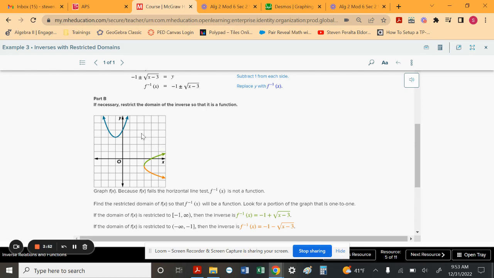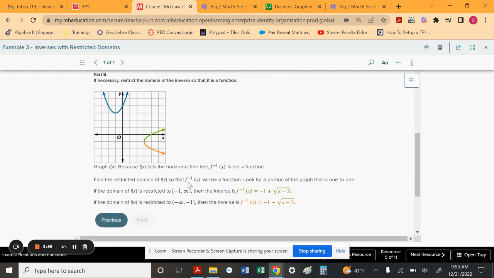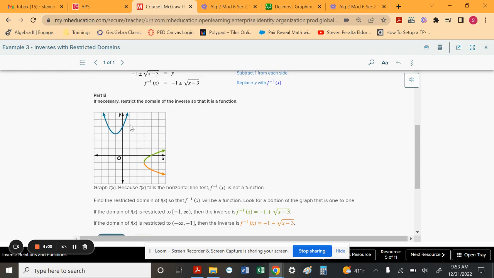So this one doesn't pass the horizontal line test, and this one doesn't pass the vertical line test. So we're going to restrict the domain: for the first one, we're going to stop it right here. We're either going to go from negative infinity on the x all the way to negative 1, or from negative 1 all the way to positive infinity. Basically, we're going to cut this parabola in half.